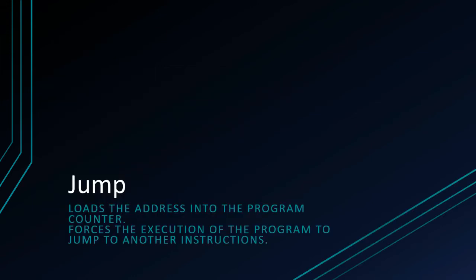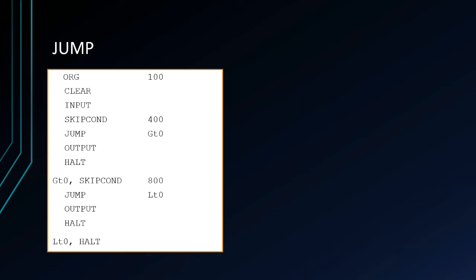Okay, last instruction is the jump instruction. So, this loads the address into the program counter. So, forces the execution of the program to jump to another instruction. So, we have set the origin as 100. And I also added a new instruction, which is itong clear. And all it does is set the contents of the AC or accumulator to all 0.